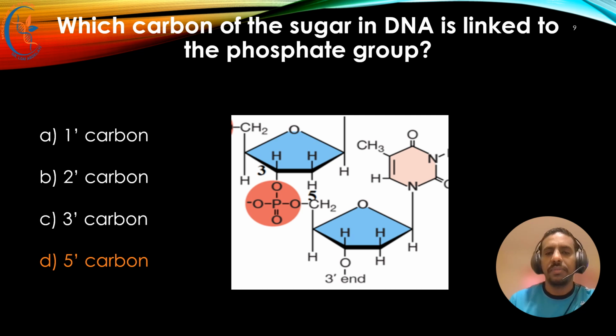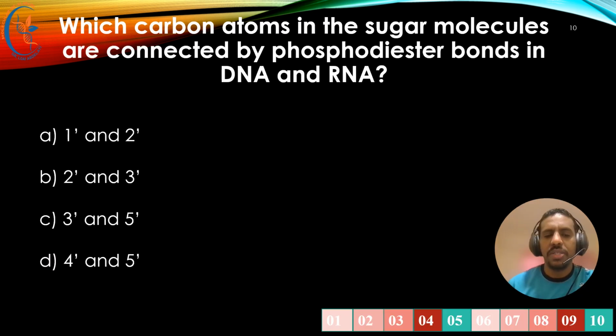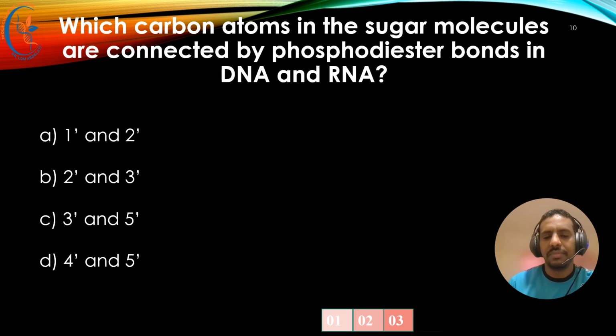Okay? Alright, the next question is, which carbon atoms in the sugar molecules are connected by phosphodiester bonds in DNA and RNA? 10 seconds. Alright, let's move on.